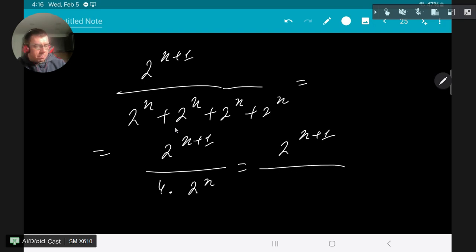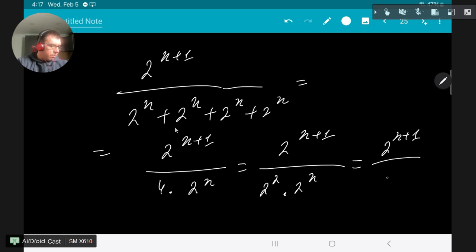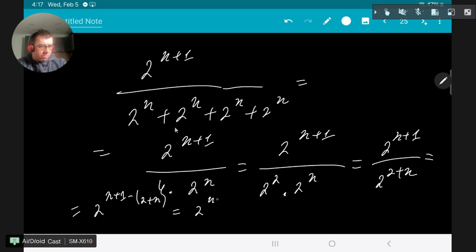Now 4 is 2 to the power of 2. Add the exponents in the denominator, I get 2 plus n. And now subtract the exponents. Plus n minus n cancel. 1 minus 2 is minus 1, which is 1/2, and that's my answer.